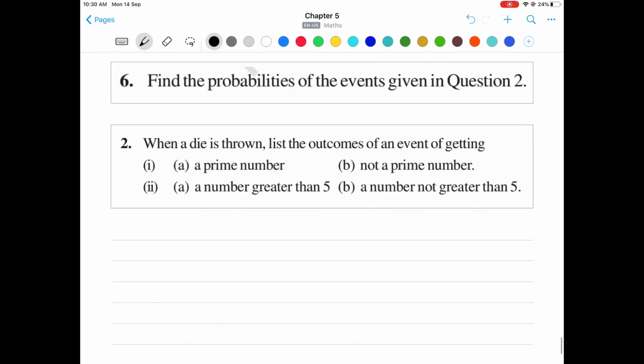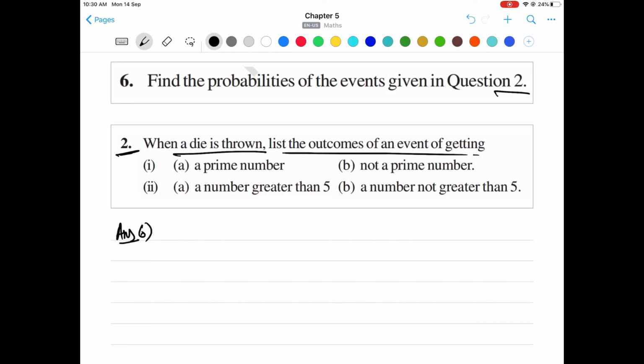Now moving ahead to the next and the last question of this exercise. It says find the probability of the events given in question number 2, and question number 2 is here. It says when one die is thrown, list the outcomes of the events for getting certain numbers. So let's start.